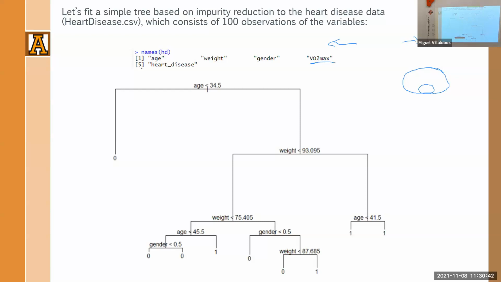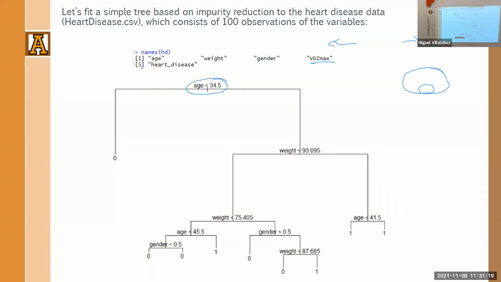We did the classification using other methods for this data set. For the tree algorithm, it selected age as the first node. The first split is given by age. If age is less than 34.5, it automatically classifies every observation as no heart disease. Remember, 0 was no heart disease, 1 was heart disease.